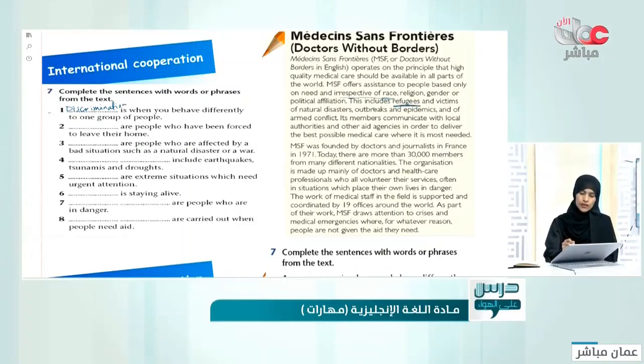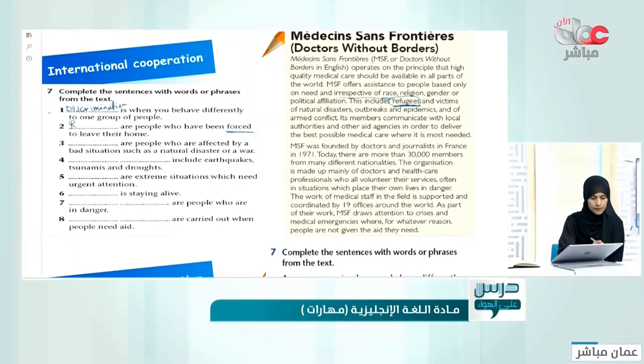If we compare the word refugees with the word immigrant, some people choose to immigrate to another country. They are not forced. But the word refugee means you are forced to leave. So that's the difference between the two words.